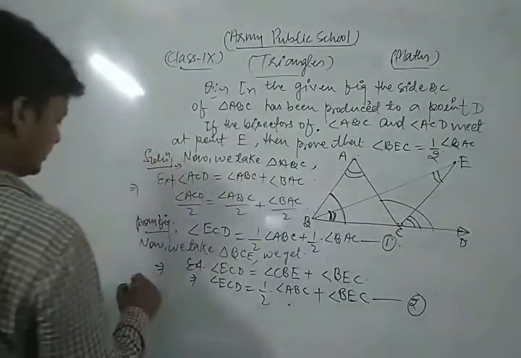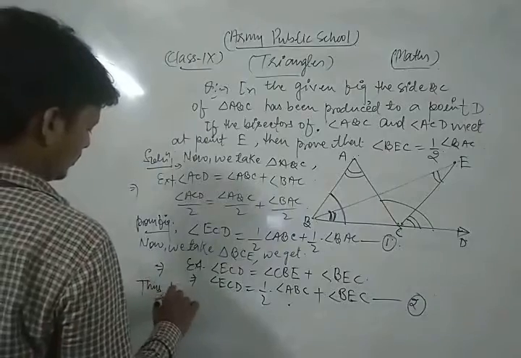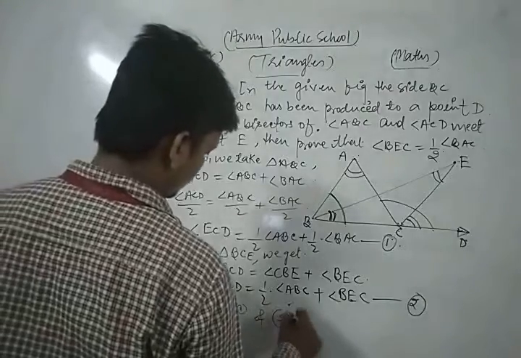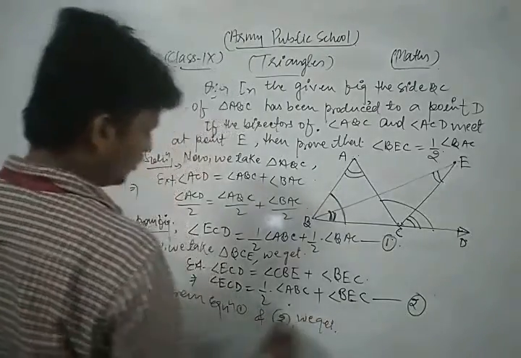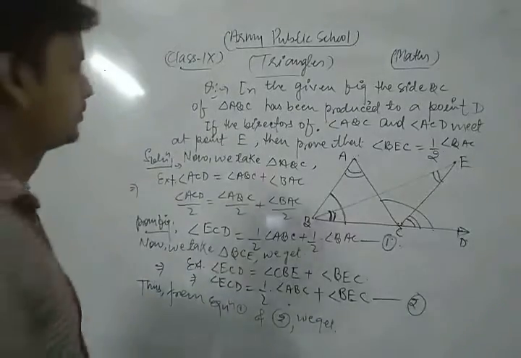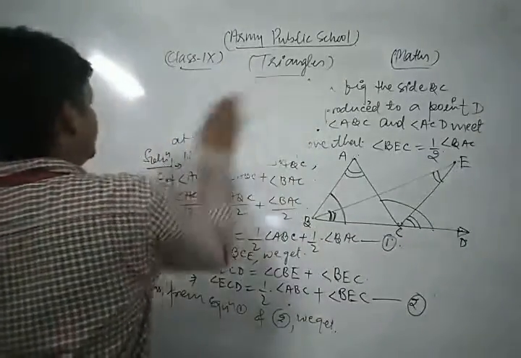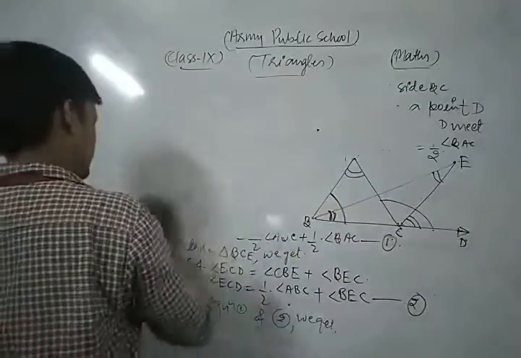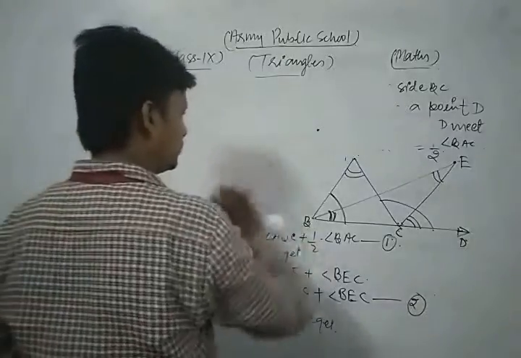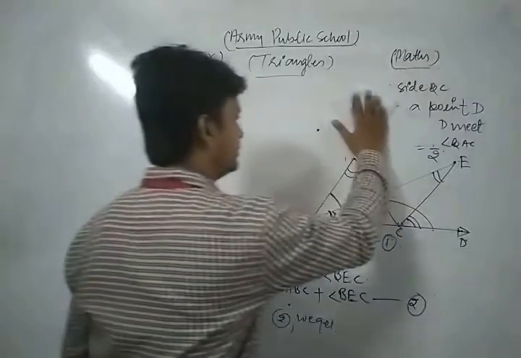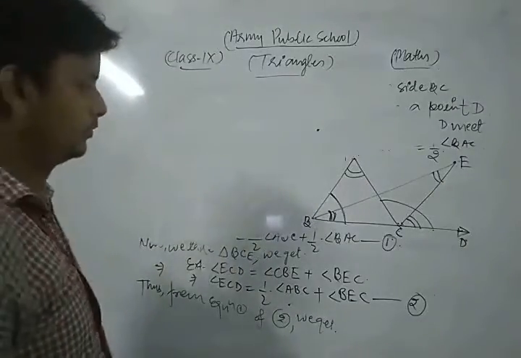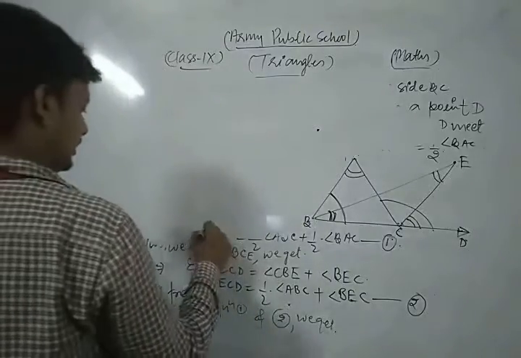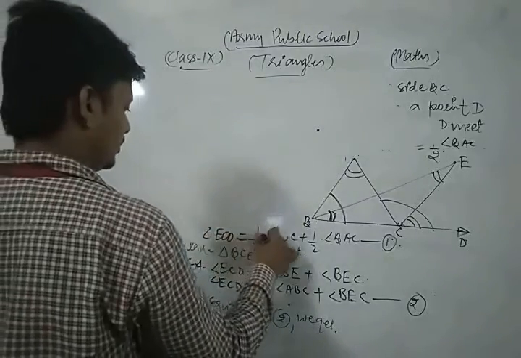From equations 1 and 2 we get angle ECD is equal to half of angle ABC.